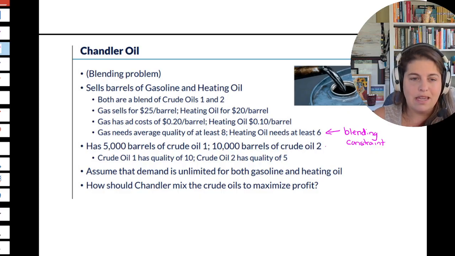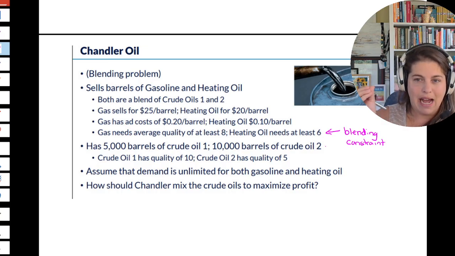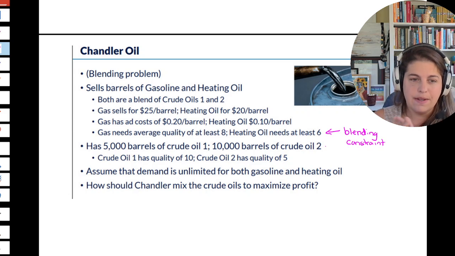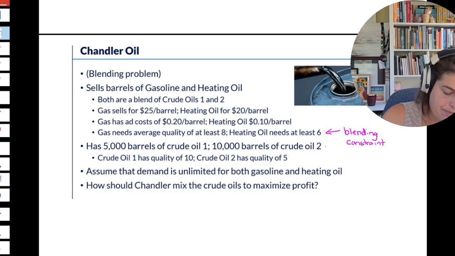Okay. Here we've got 5,000 barrels of crude oil 1, 10,000 barrels of crude oil 2. Crude oil 1 has a quality of 10, crude oil 2 has a quality of 5, right? So we see there are these attributes that the ingredients have, and we have to have an average work out in the product. Demand is unlimited. How should we maximize profit?